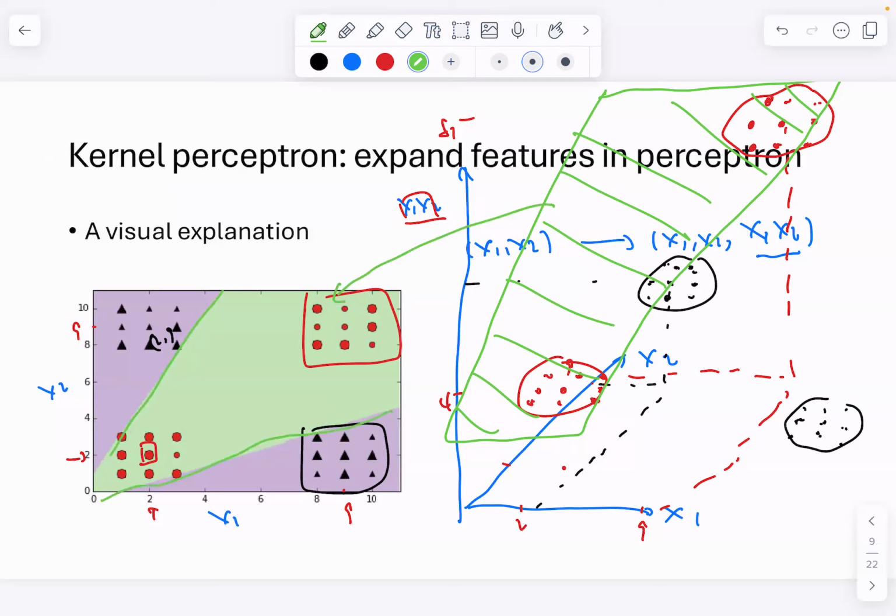So it's no longer linear in the original space, but it's still linear in the 3-dimensional expanded feature space. That's the kernel perceptron. Basically, we expand features to make them more expressive, so we can now classify more complicated problems.